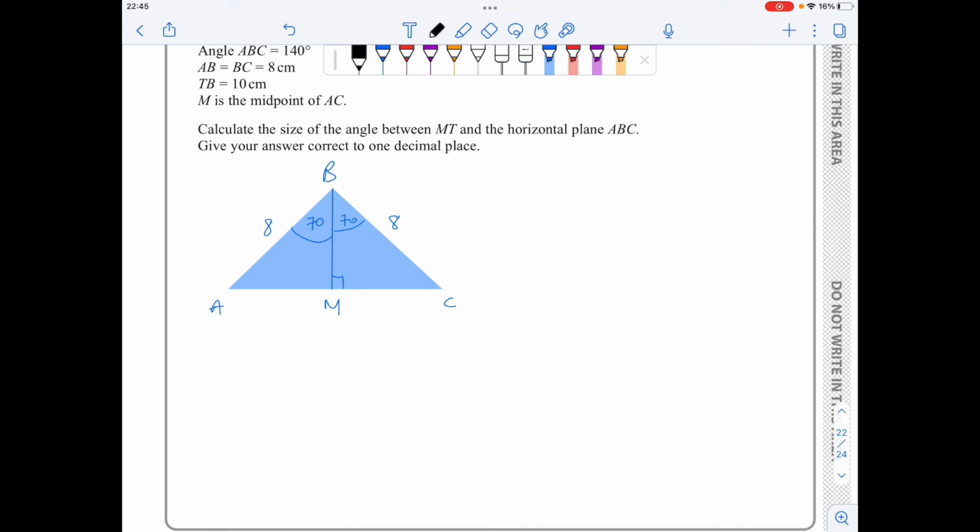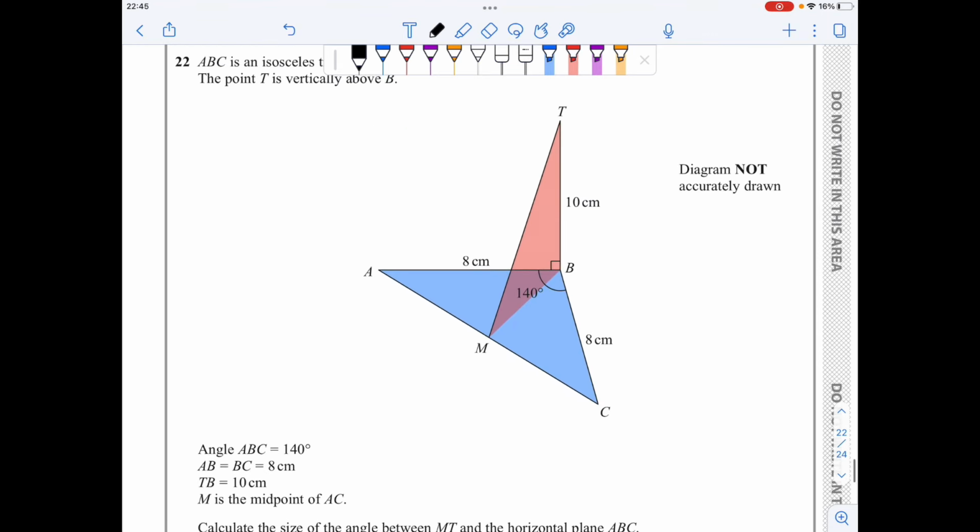So working with half of this triangle, I can use cos of 70 equals BM, which is the adjacent, over 8, which is the hypotenuse. So BM equals 8 cos 70. As a decimal, BM is 2.736, and so on.